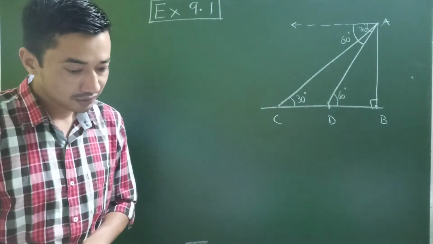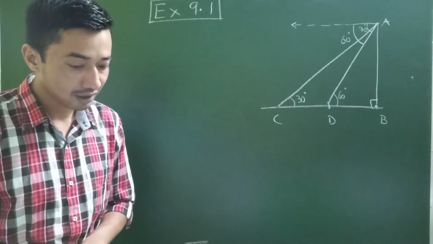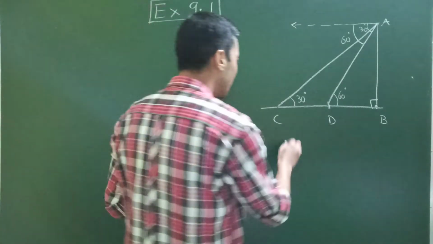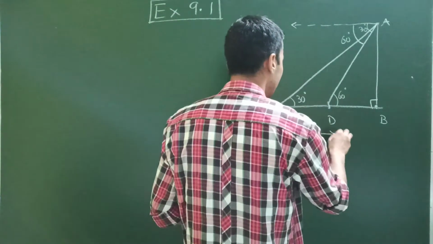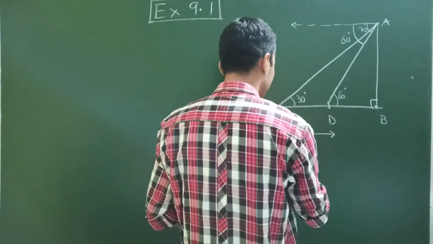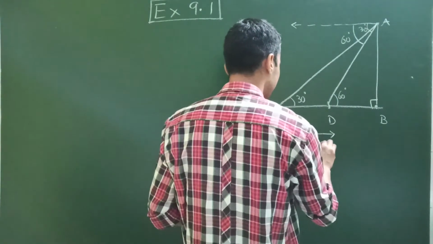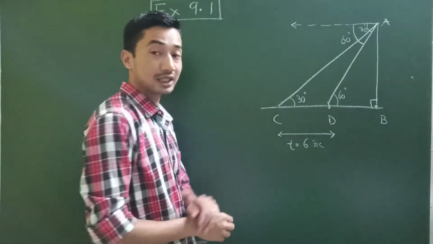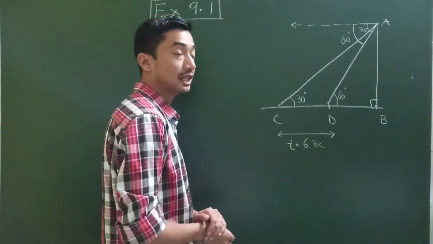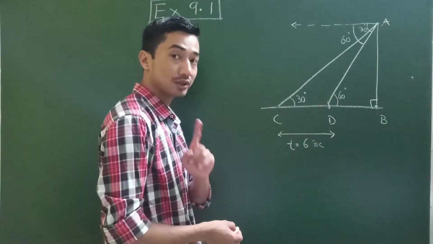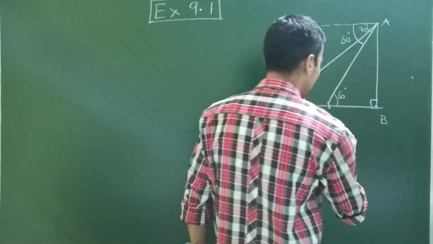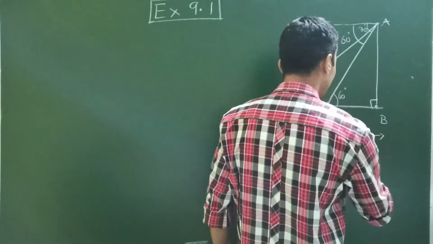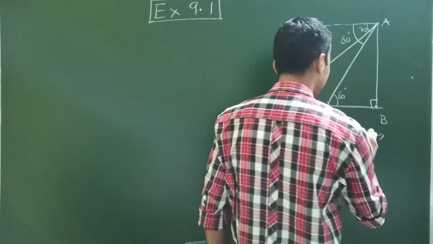Now the question is, find the time taken by the car to reach the foot of the tower. So from C to D, it takes the car 6 seconds. Now our question is, how much time will be taken by the car, which is moving at uniform speed, to reach from D to B? This time we have to find out.